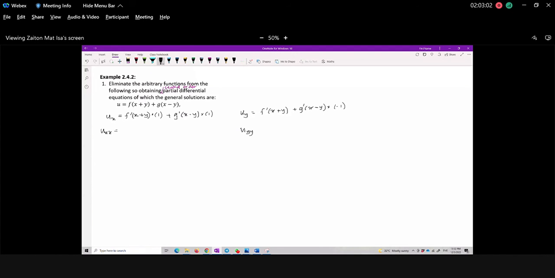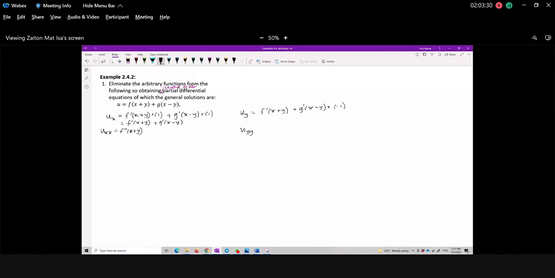uxx. So earlier we already got this. If I copy it back, it becomes f prime x plus y plus g prime x minus y. If we differentiate again, it is the same concept. From f prime it becomes f double prime, and then differentiating the one inside the bracket gives just 1.